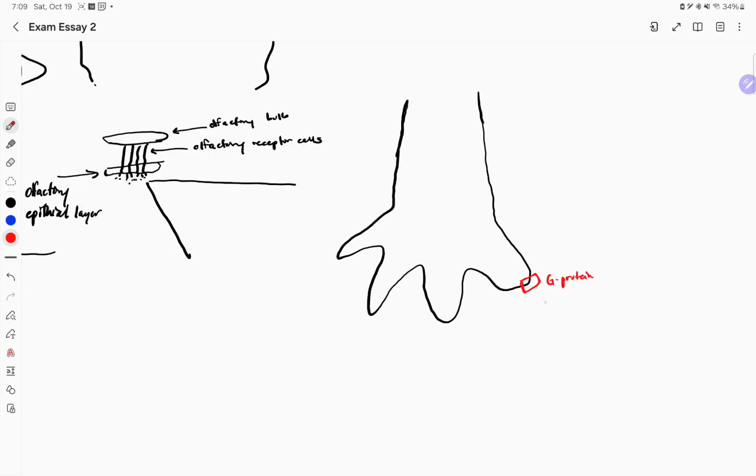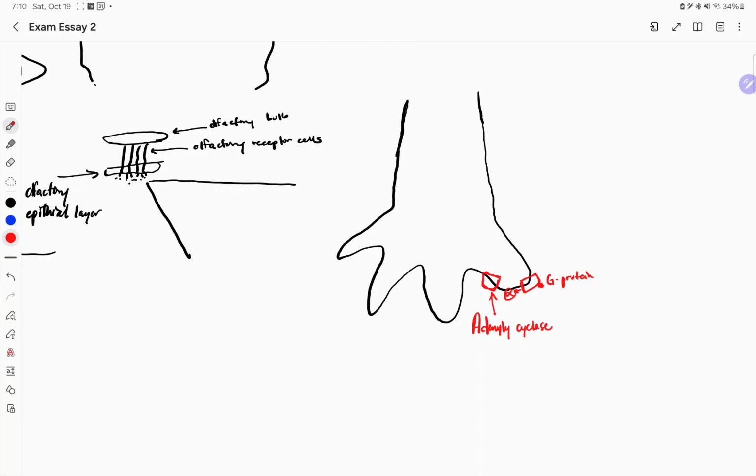This G protein is going to have some sort of ligand, something that will bind to it, and that will cause a release of an alpha subunit, which will then activate adenylyl cyclase here.